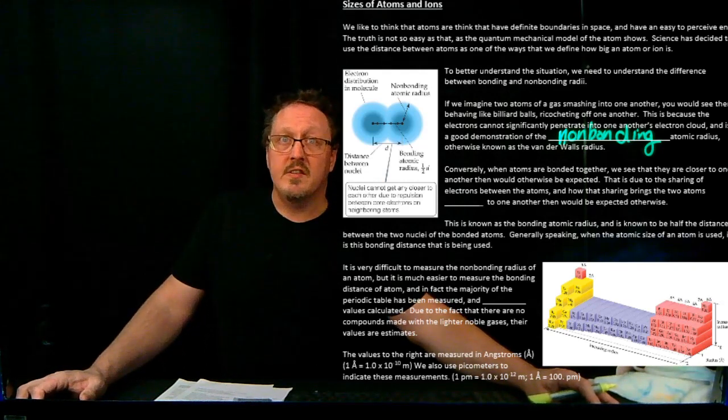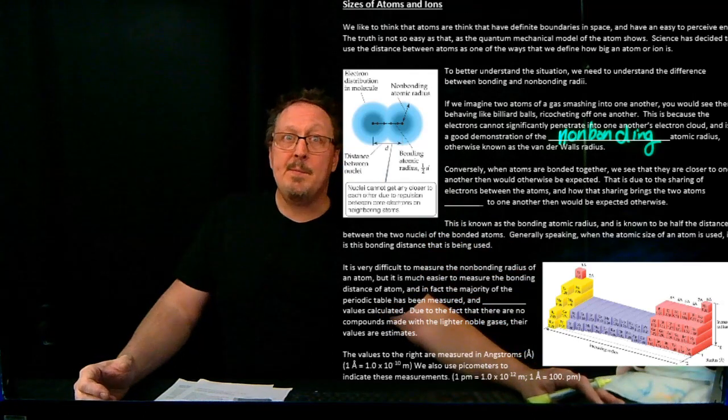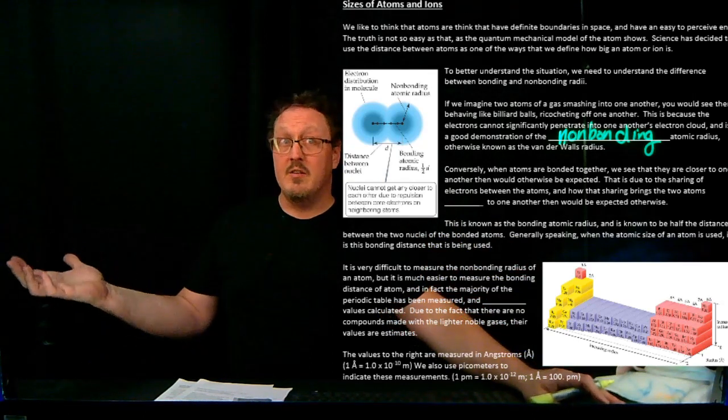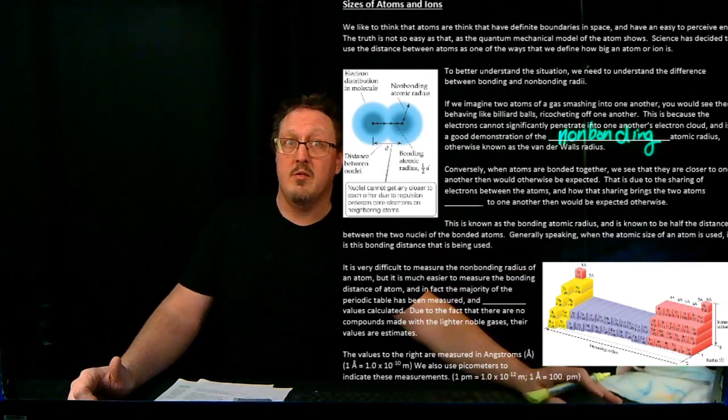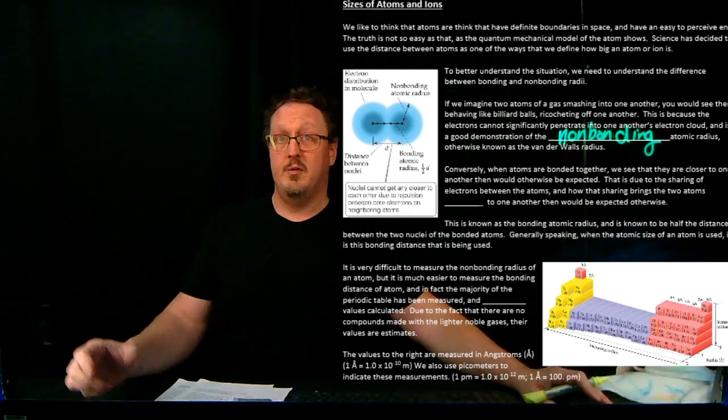That's what this radius or this distance is here. If you were to carry this radius around, you would see that it probably would come down to about here, which is inside the bonding radii. When atoms are bonded together, they are closer to one another than they otherwise would be expected. That's due to the sharing of the electrons between those atoms.